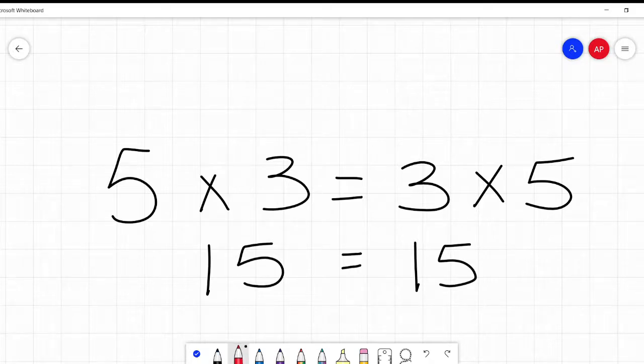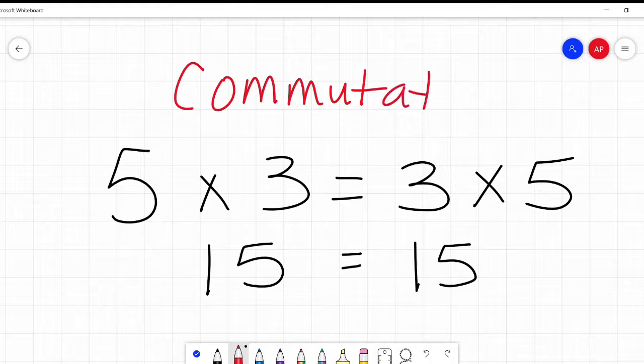I can change the order. That's a way to remember it. That's how I remember it anyway. Change the order and it still is the same. First two letters, C-O, change order. That's my little technique. Okay, so if I change the order, it's still the same.